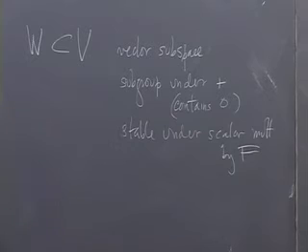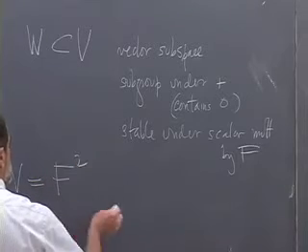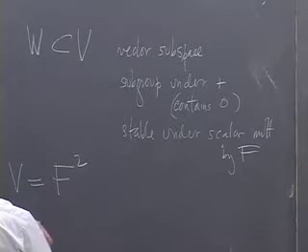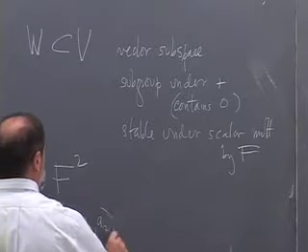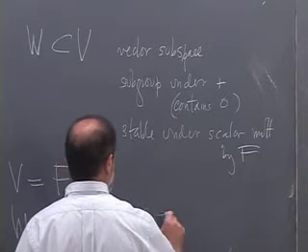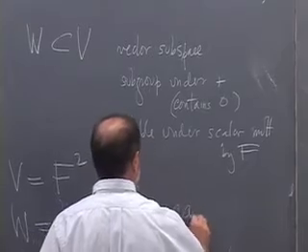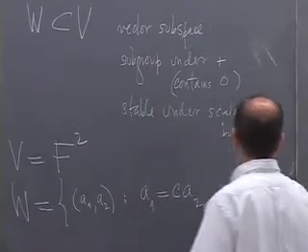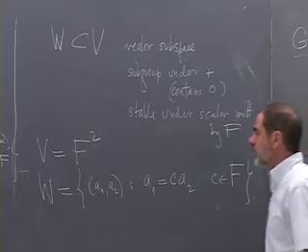So an example, if we took the vector space F squared, and we took W to be the set of all vectors A1, A2, such that A1 was equal to C A2, where C is in F, that would form a subspace.